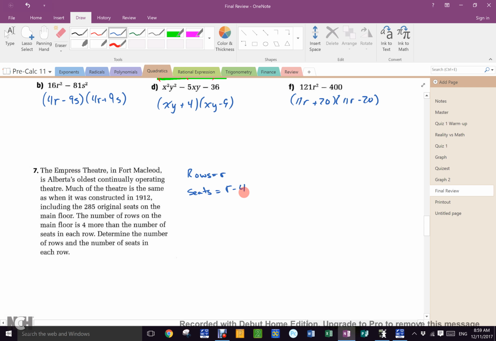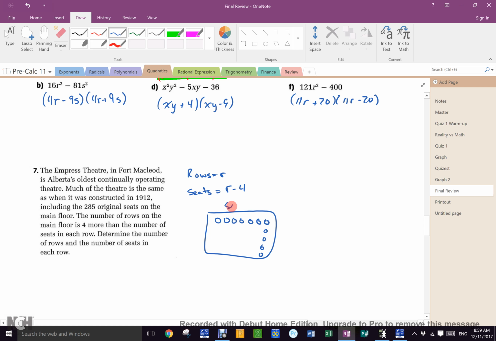Now, if there's 285 seats, then it's a rectangle, right? It's a theater, yeah? So each seat goes across there and rows down there, right? How do you find the area of something? Length times width.